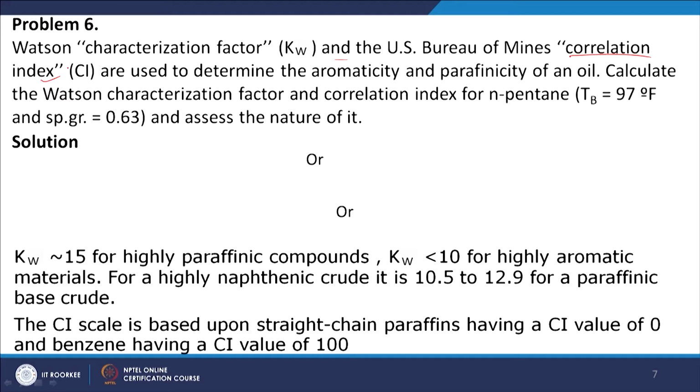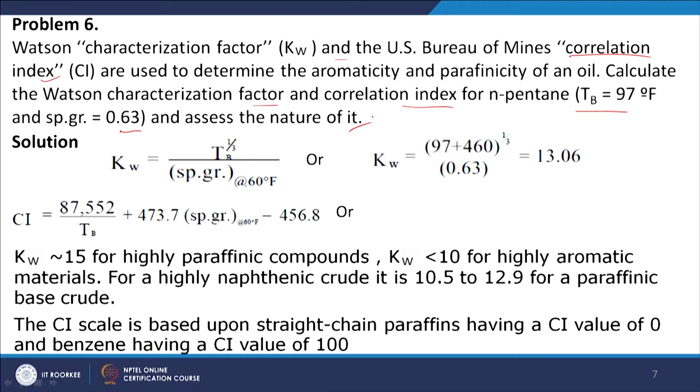Calculate the Watson characterization factor and correlation index of N pentane, that is Tb is 97 degree Fahrenheit, Tb is equal to true boiling point and specific gravity equal to 0.63, and assess the nature of it. So, what type of compound it is, that is N pentane. On the basis of the values which we will calculate, that is Kw and Ci, we can predict it.